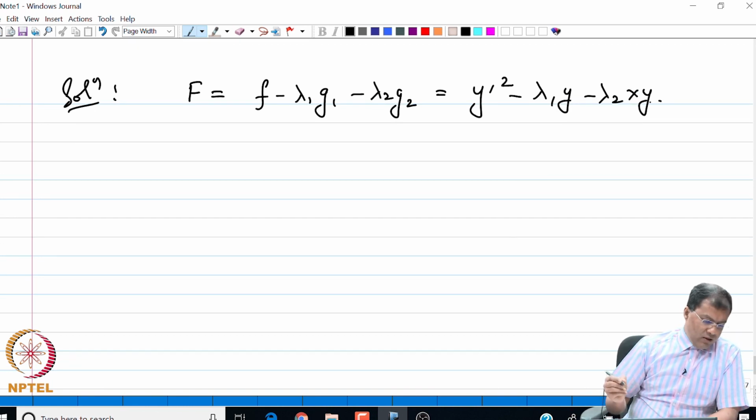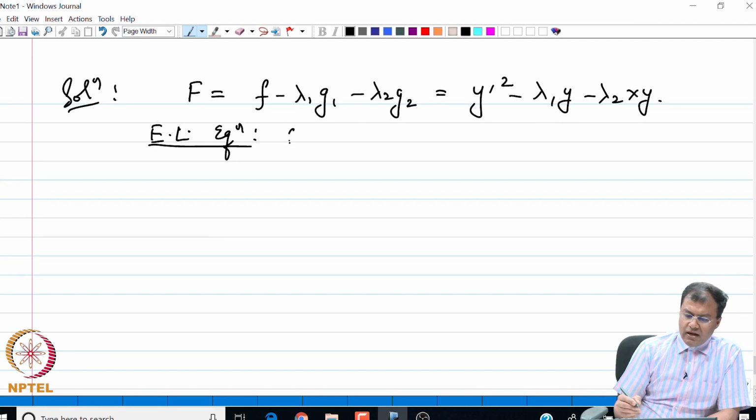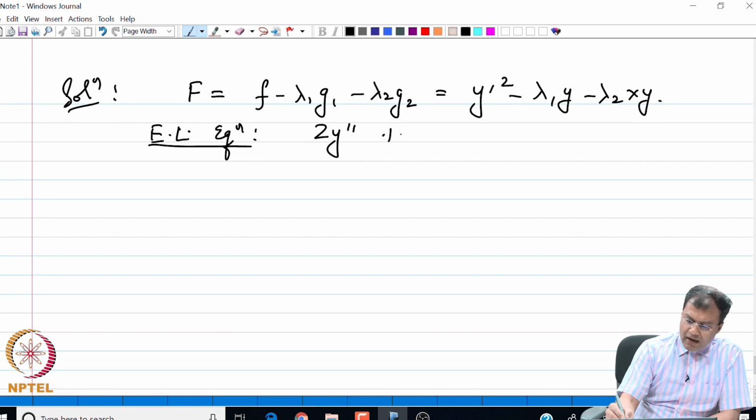Okay. So, then if I use my Euler-Lagrange equation, I am going to directly write down the ODE that we get. The ODE is 2 y double prime plus lambda 1 plus lambda 2 x is equal to 0, right.